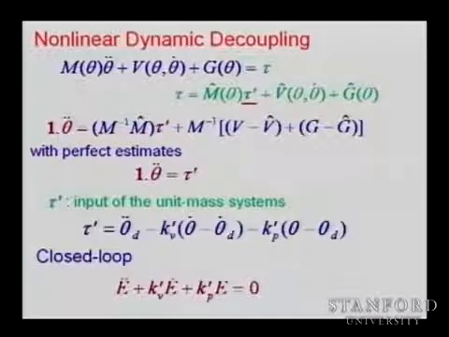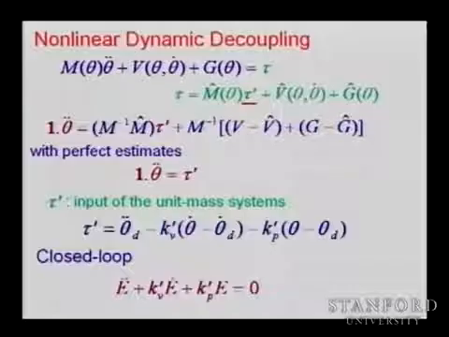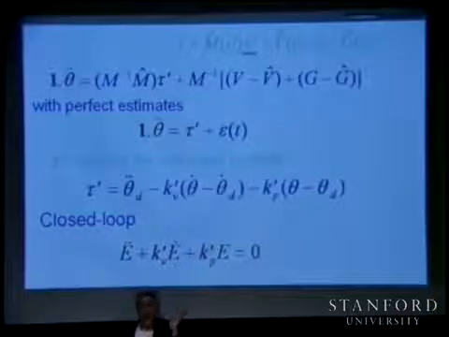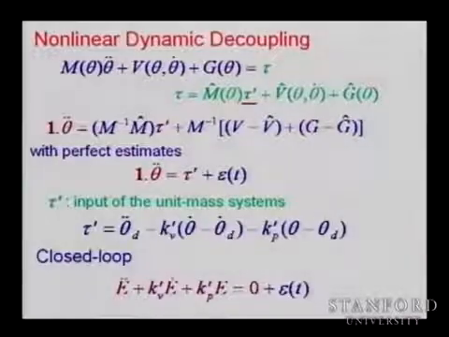Now, in reality, do you think we will have perfect estimates? No. But if we don't have perfect estimates, we have to have good estimates in order for this to work. So you will have a difference between V and V hat, a difference between G and G hat, and that will bring some epsilon error, disturbance. And this disturbance will appear here, right? It's not going to be equal to 0.